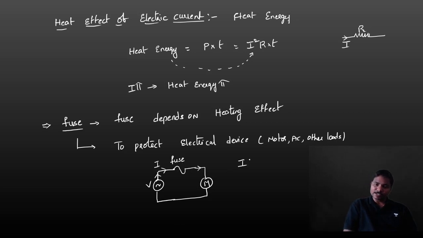Whenever the current is at a very high value, higher than the normal value, heat produced will be I square R into T. As current is more, heat produced will be more. Due to this heat, the fuse melts.